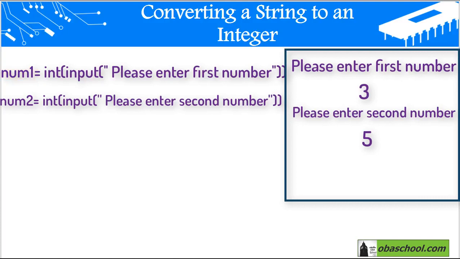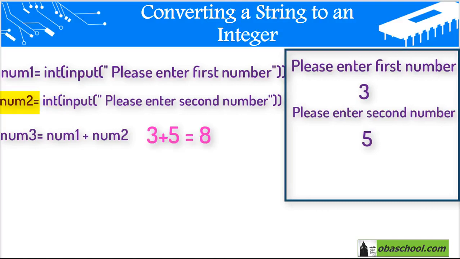We change the input which the user enters, which is number 5, to integer and save it in variable num2. So when adding the two variables num1 and num2, the program will add them, not concatenate them, and it will be saved in variable num3.